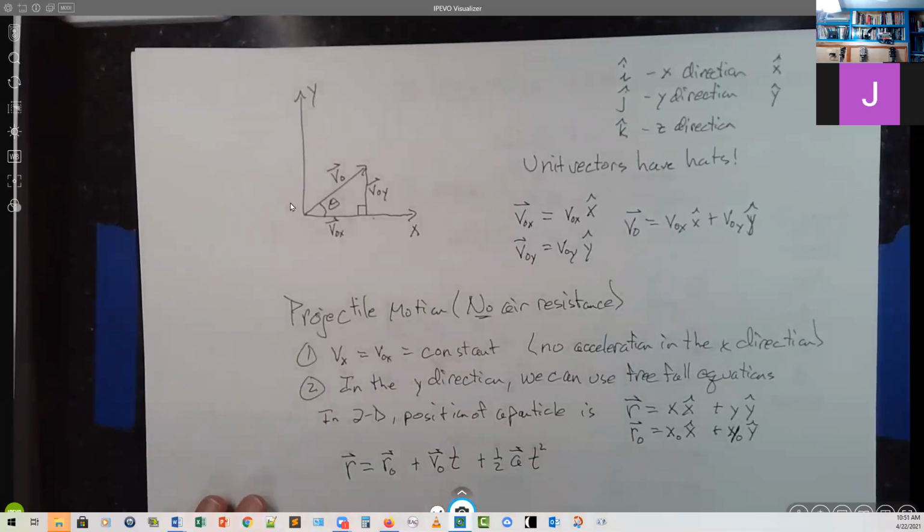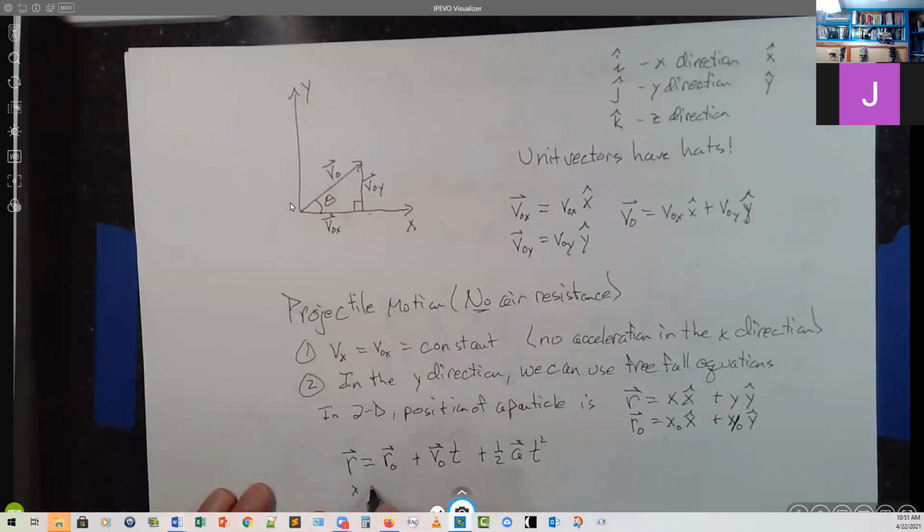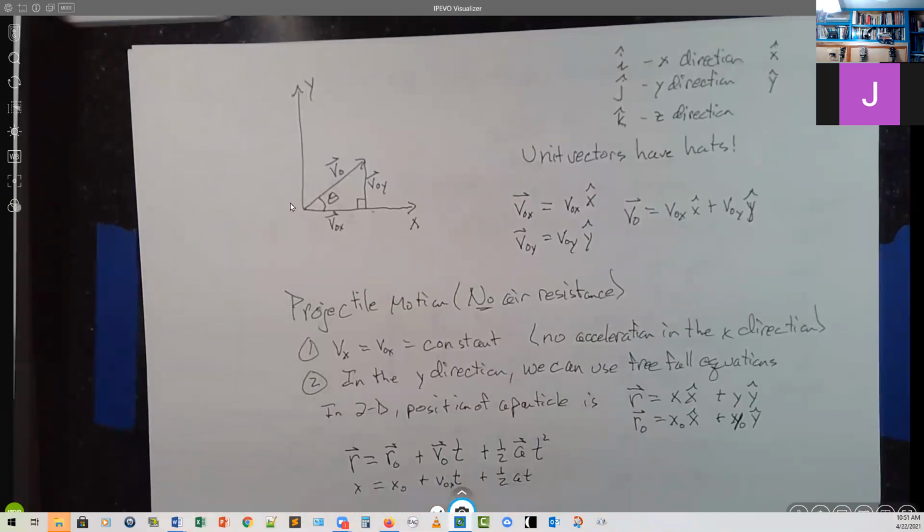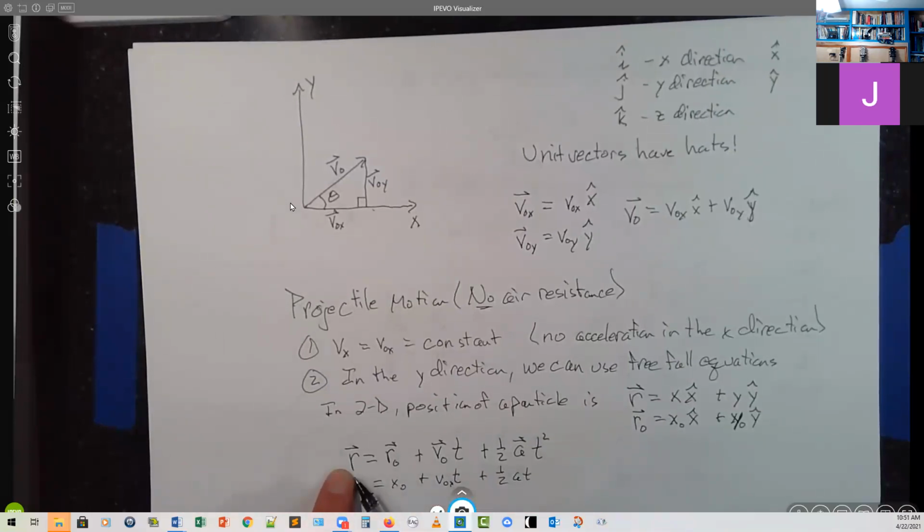Okay, now that's not so bad actually. It looks kind of like x equals x naught plus v naught x t, plus 1/2 a t squared. Okay, it's the same form of the equation, but in 2 dimensions, there's 2 parts for this, 2 parts for this, 2 parts for this.